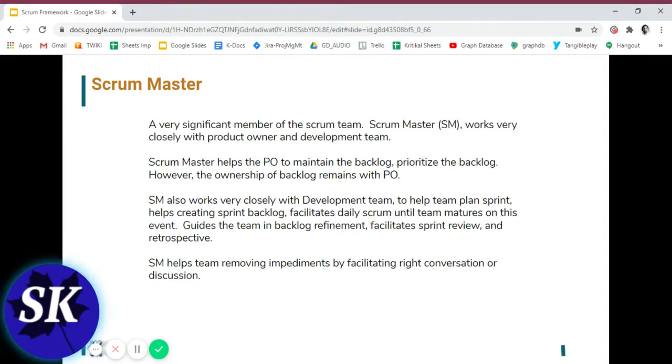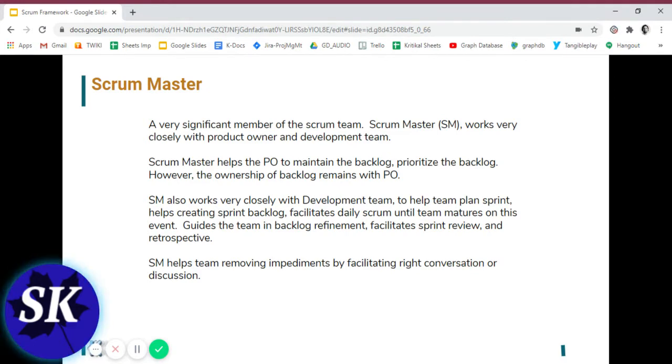Scrum Masters also help the product owner in finding the right technique for doing effective product backlog management. If the product owner is, let's say, not very experienced, right?